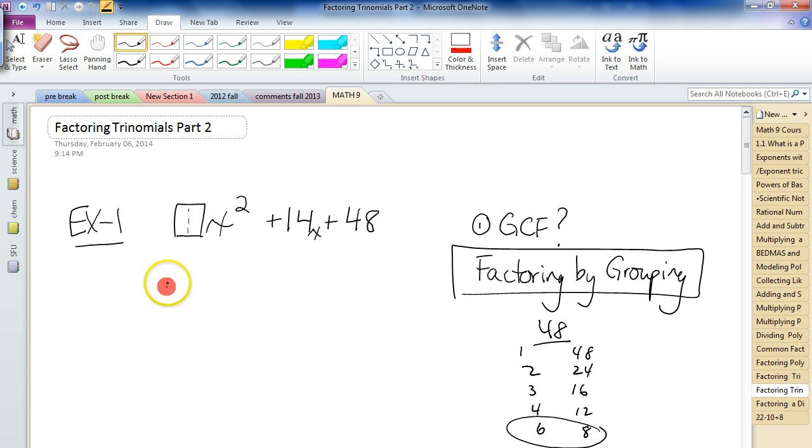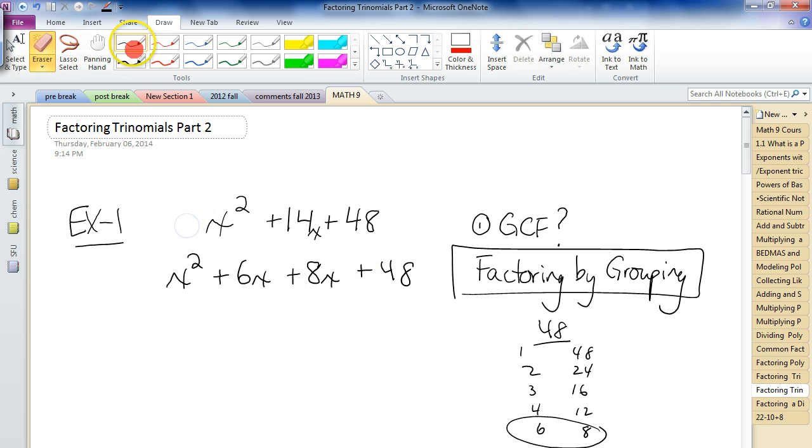I'm going to leave my x squared, and rewrite it with the 6 and the 8. So instead of writing 14x, I'm going to show where the 14x came from by writing 6x plus 8x. I could have put it the other way around, made no difference, then 48. Hopefully you realize what I did there is nothing new. Going from there to there is the exact same thing. It just looks like I'm making more work for myself.